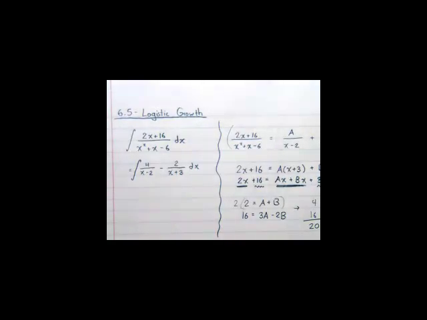So what is the antiderivative then of 4 over x minus 2? What's the integral of 1 over x? So what do you think it is for 4 over x minus 2?